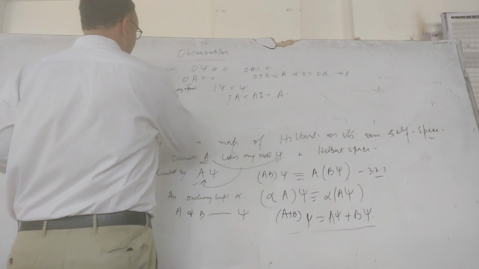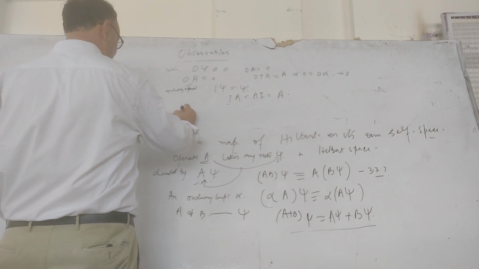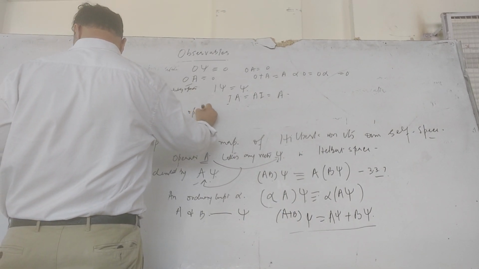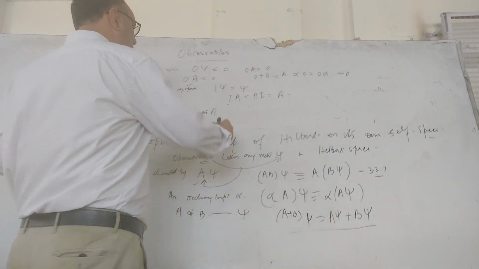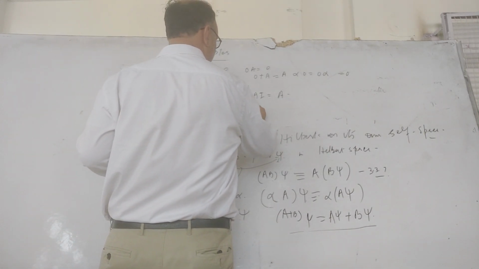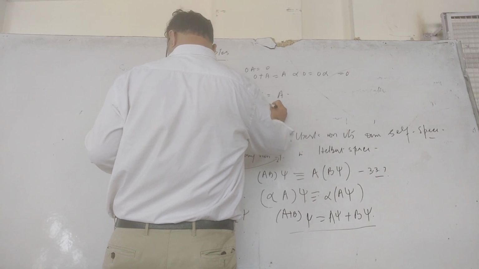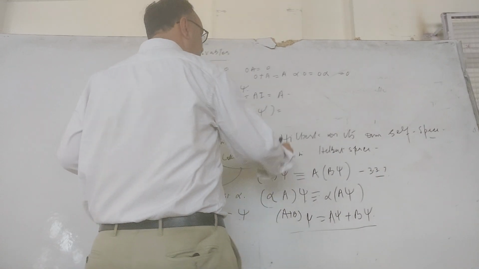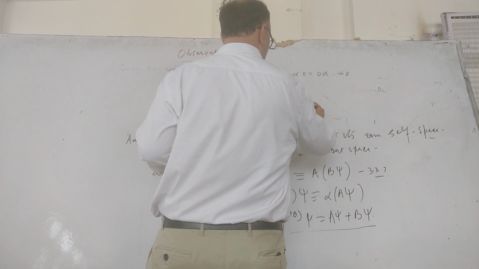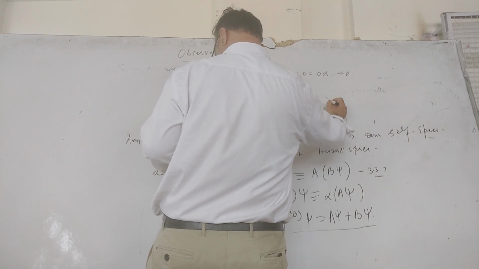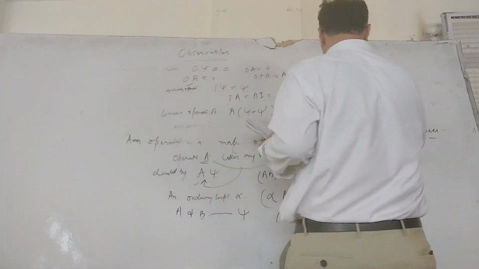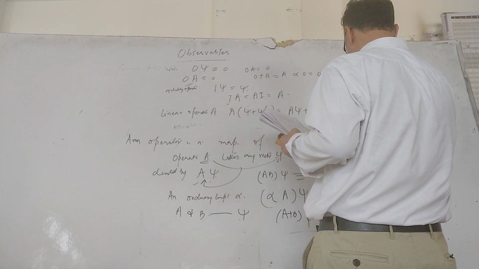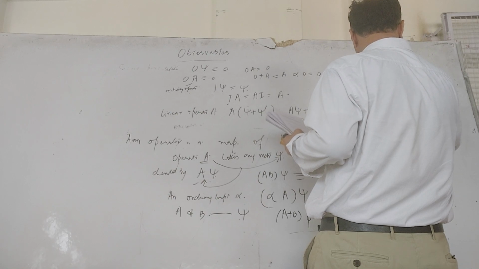And a linear operator A is one for which A of (psi plus psi prime) should be equal to A of psi plus A of psi prime, and A of (alpha psi) should be equivalent to alpha times A psi.